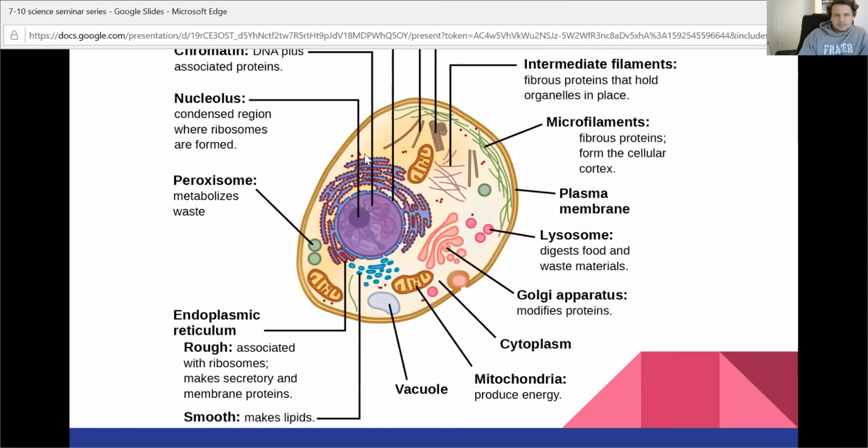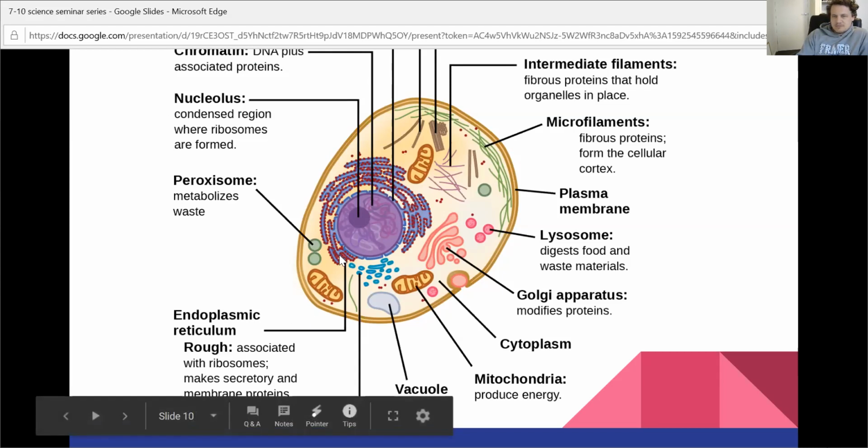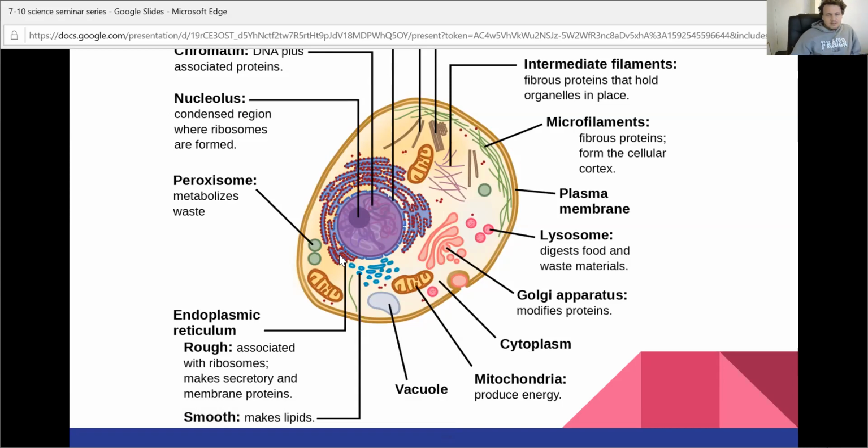So this hasn't fit very well. Here we have the nucleus. Here we have the nucleolus with the endoplasmic reticulum. So this is where the ribosomes make the proteins.